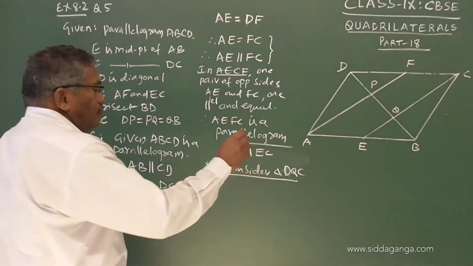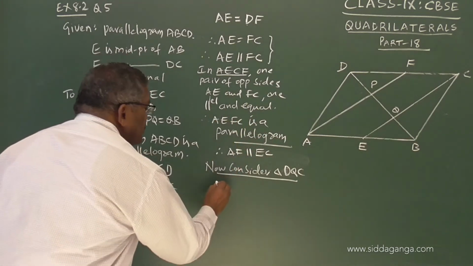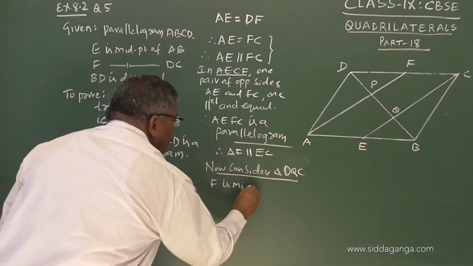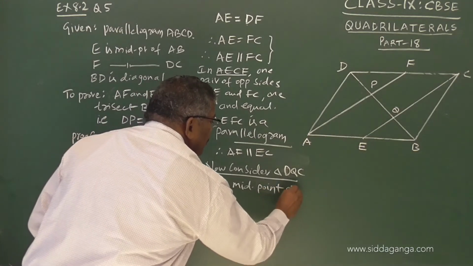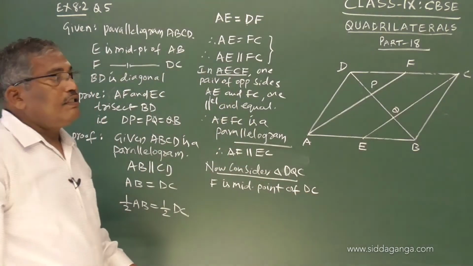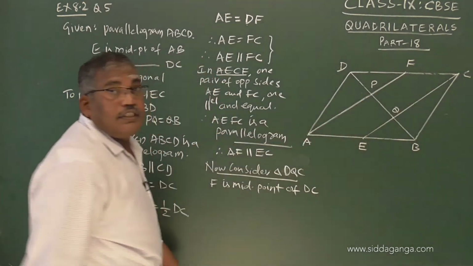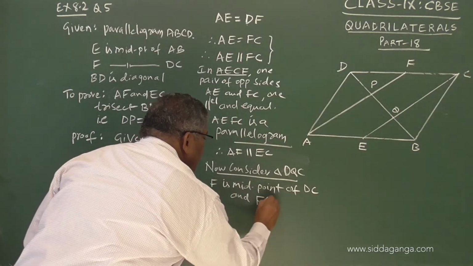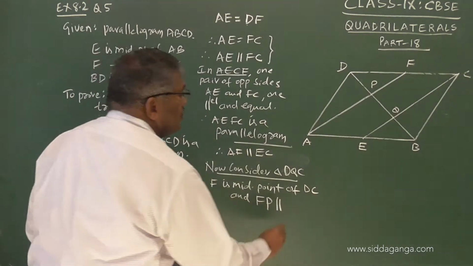So likewise we can conclude, F is midpoint of DC, and FP is parallel to CQ.